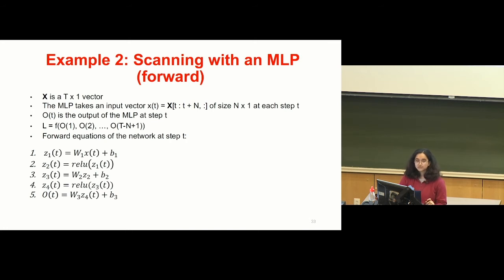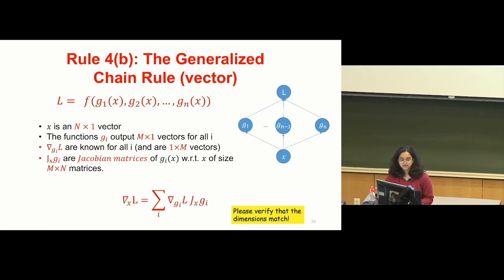So now we want to do the backward computation for this MLP. At this step, I'd like you to recall the generalized chain rule that we had seen before, especially this influence diagram on the right hand side. If the variable x is influencing the variable L through multiple paths, then to calculate the derivative of L with respect to x, we will have to add up the individual contributions along all the paths.